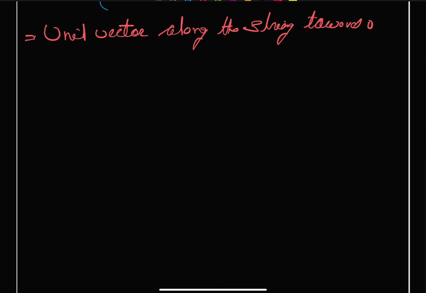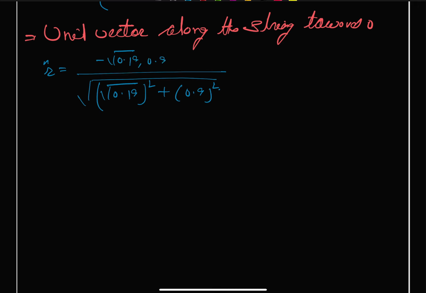And that is, suppose, our R unit vector, which will be the position vector divided by its magnitude. The numerator is square root of 0.19 and minus 0.9, and the denominator will be square root of 0.81 plus 0.19, which is equal to 1.